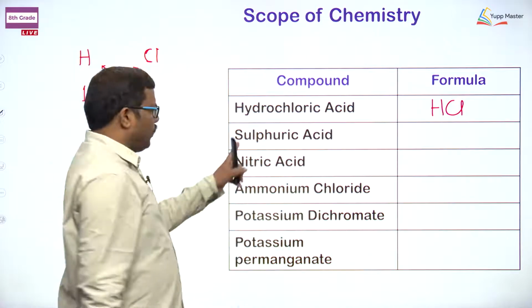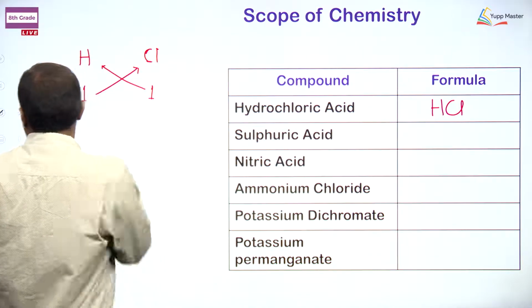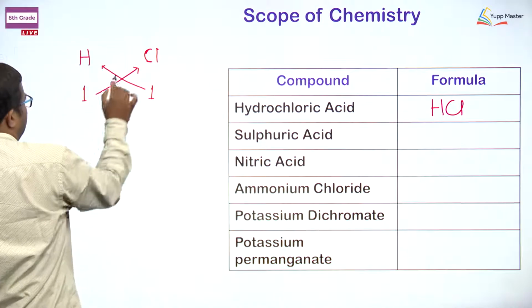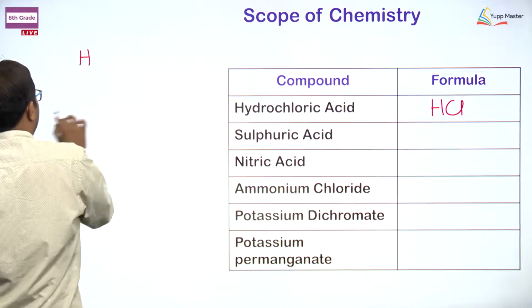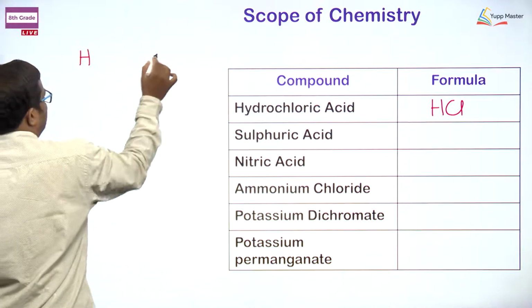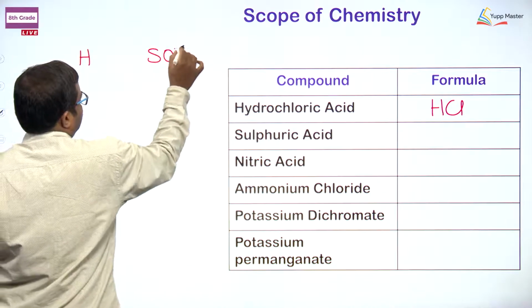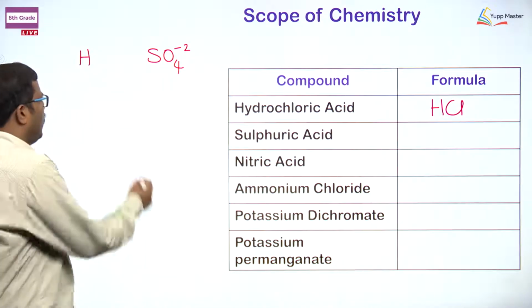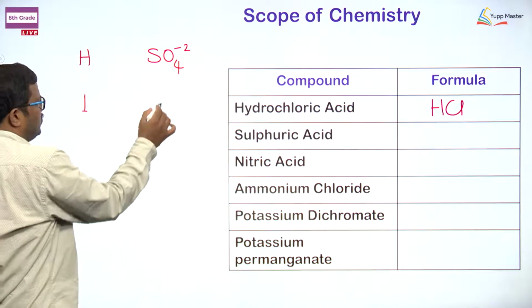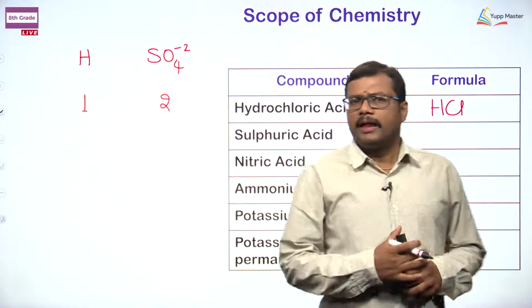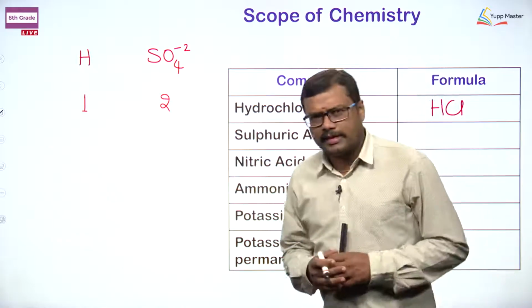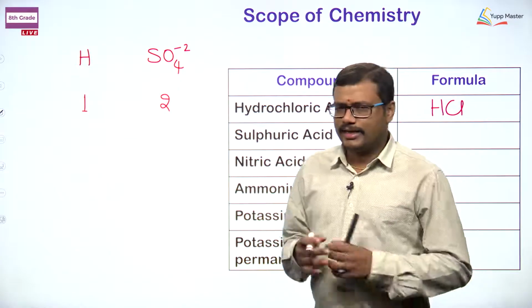But looking at sulfuric acid, the formula that we can write here is SO4 minus 2. So SO4 minus 2 is the sulphate ion, and when you observe, the valency of hydrogen is 1, sulphate ion valency is 2. Now take the highest common factor, which is 1.